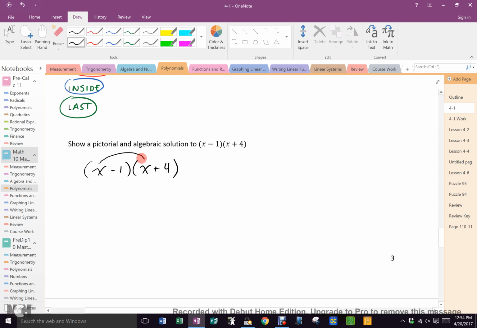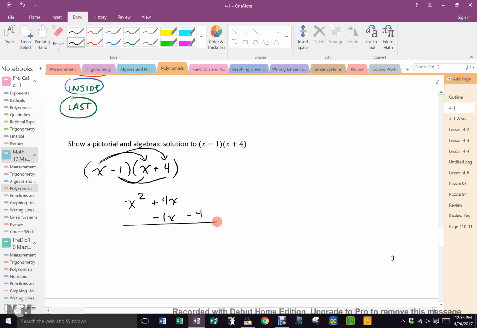First, what's x times x? X squared. Outside, what's x times 4? Positive 4x. Inside, what's negative 1 times x? Negative 1x. I'm writing the 1 for a reason. Last, what is negative 1 times positive 4?